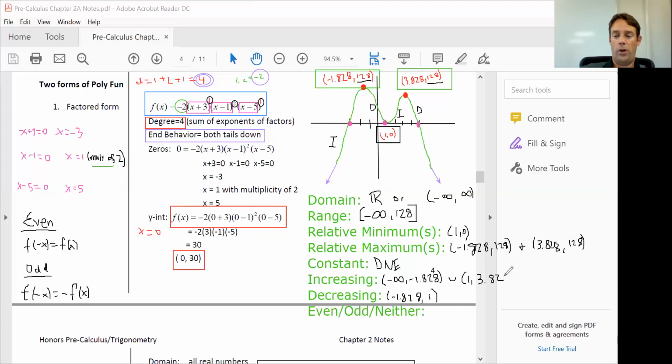And if we do this right, between constant, increasing and decreasing, we should use up our entire domain. Realize we only use the y values just when we write our relative extrema as a point, and for the range. Everything else is always x values. It's all domains.